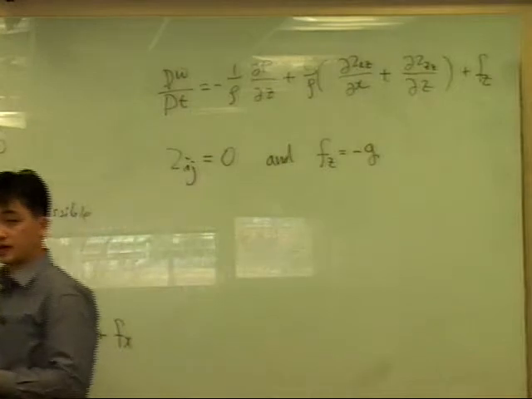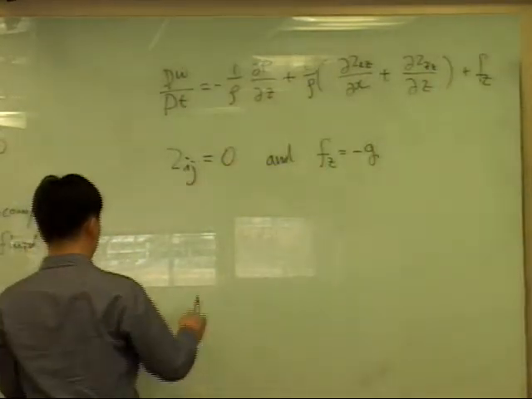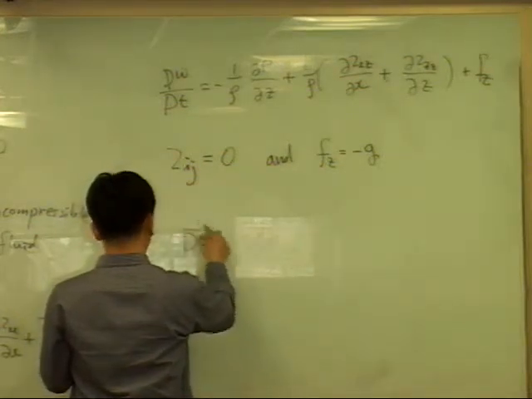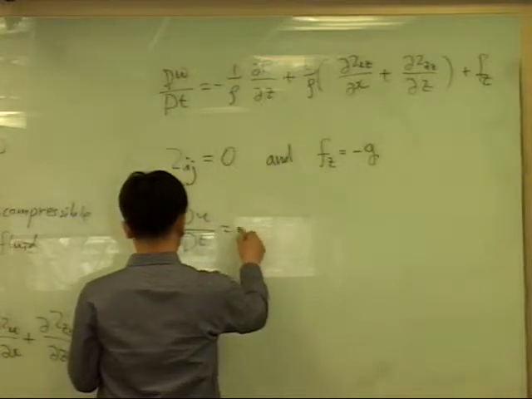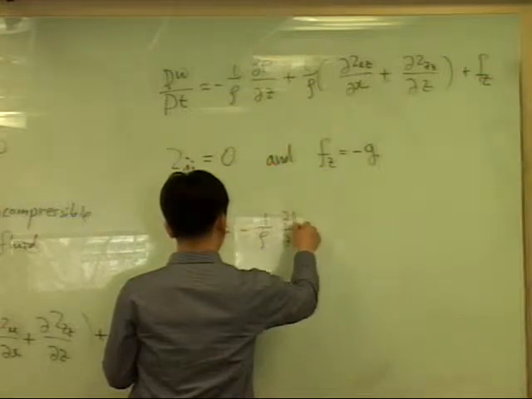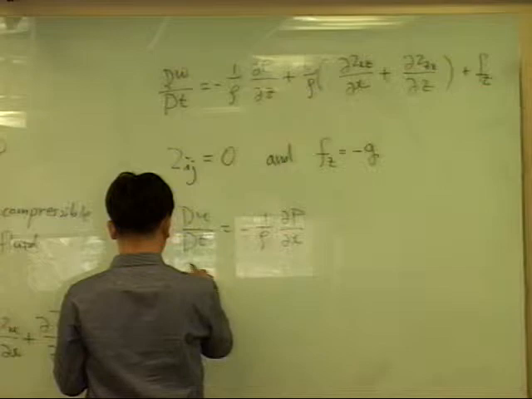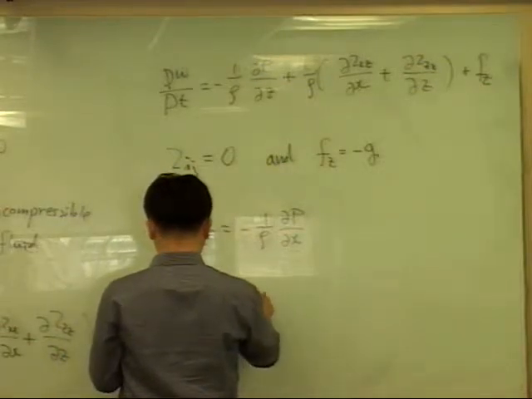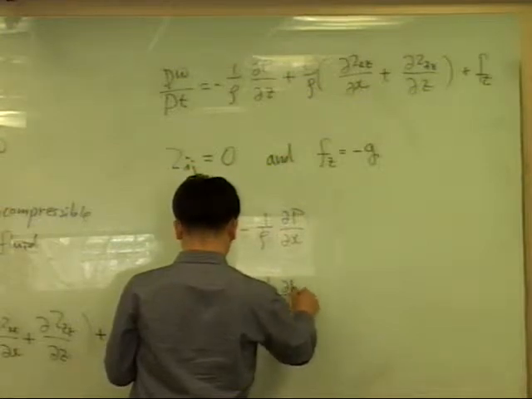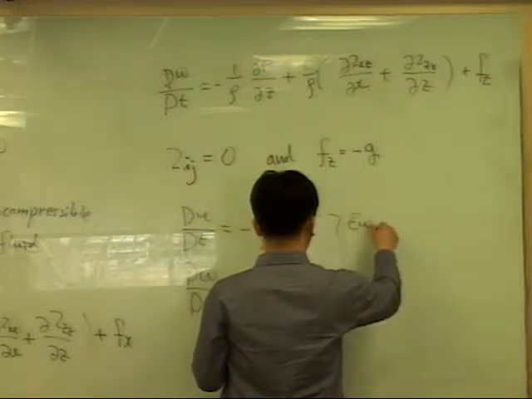That's the body force, the gravity force. Then finally we have an Euler equation, with pressure P and minus g. This is the Euler equation.